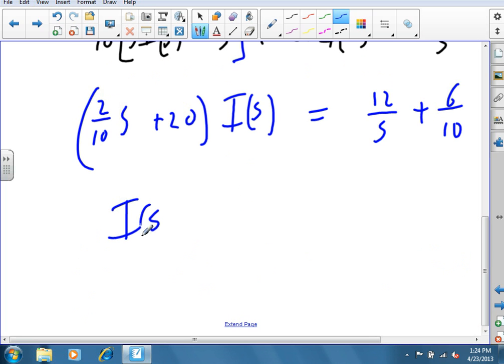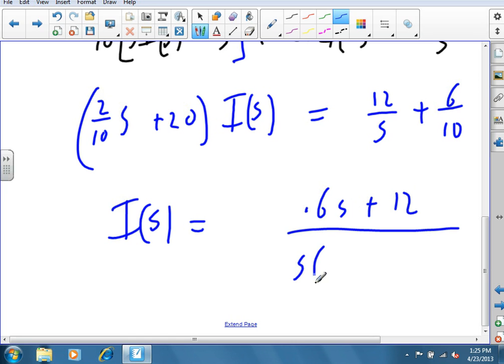I of S equals 0.6 S plus 12 divided by S times 0.2 S plus 20.